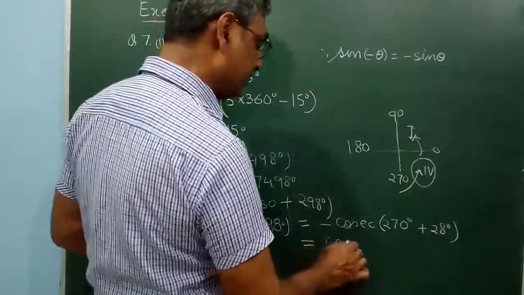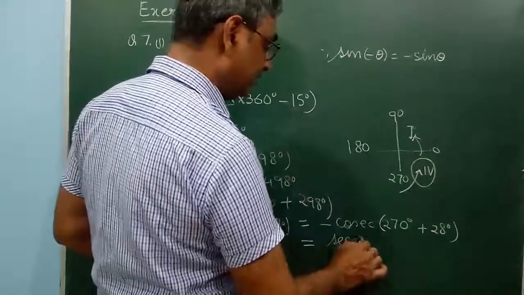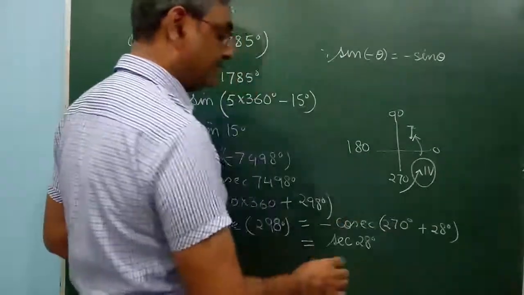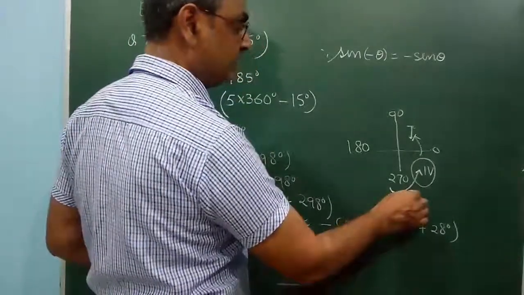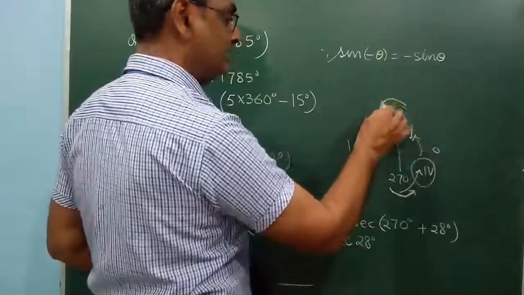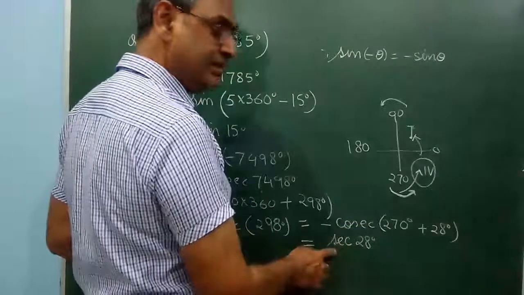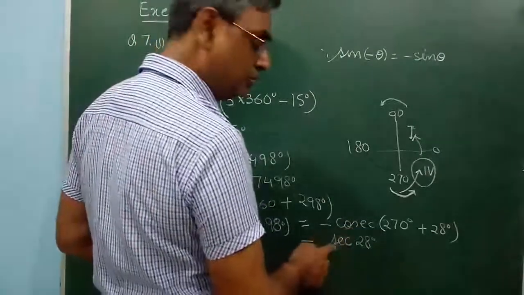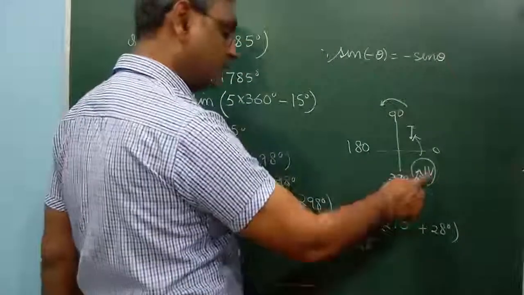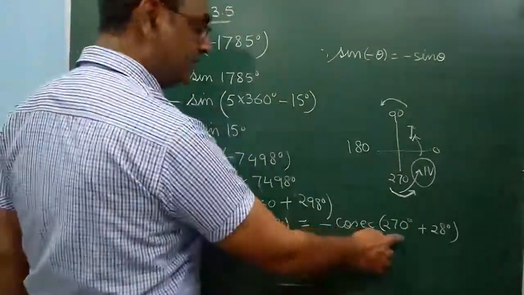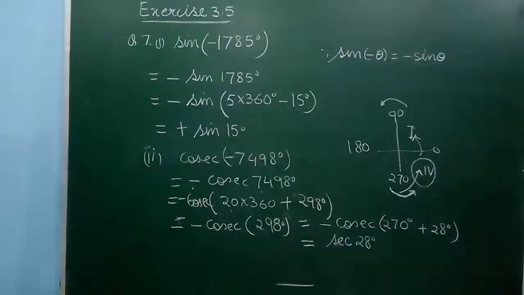Cosec will become sec, so sec 28 degree, because whenever we cross 270 or 90, the function gets changed. Cosec changes to sec, and the minus will become plus. So it will be sec 28 degree.